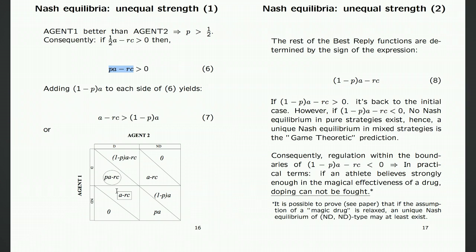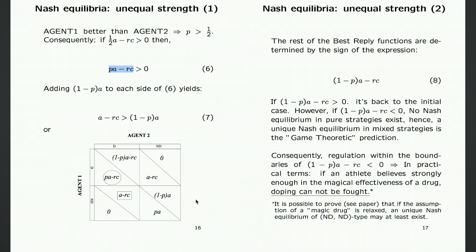And if we do the same for agent 2 here, we see that now this A minus RC is bigger than 1 minus P over A, so we get this square here. My terminology here is standard. I maximize on the line here for the first player, and on the line here for the second player to find the best replies and ultimately the Nash equilibrium.